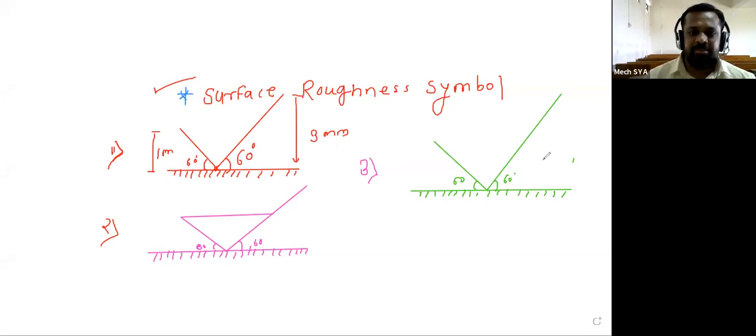It is the same. What we have to add in this symbol number 3 is, in between both lines, we have to draw one circle. See, this is symbol number 3. These are the basic three symbols of the surface roughness.